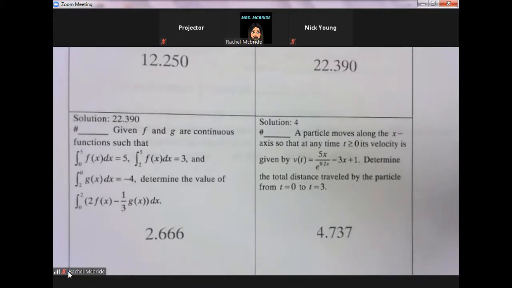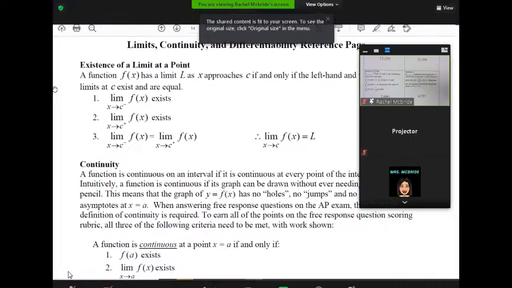Alright, so limits and continuity. Limits and continuity are a huge part of calculus. It's where we began our study of calculus. There are a couple things you need to know in terms of limits and continuity.